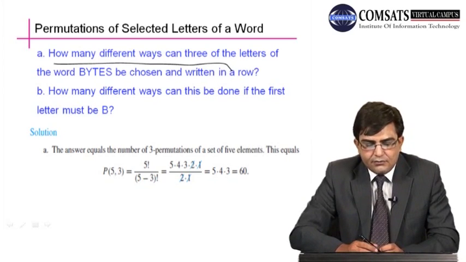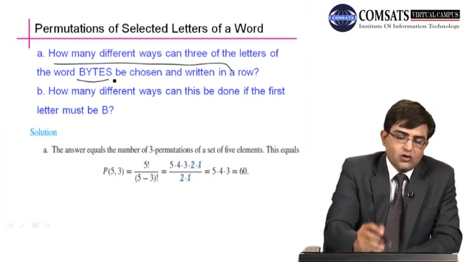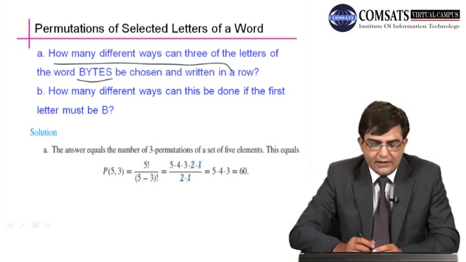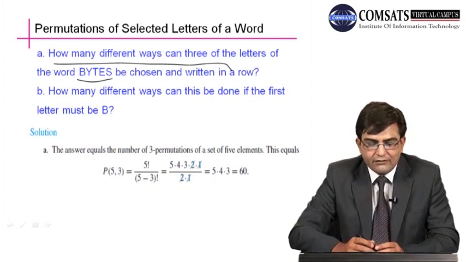Bytes is a word which contains 5 alphabetical letters, B, Y, T, E, S. Now we have to find the different ways so that 3 out of these 5 letters can be arranged.